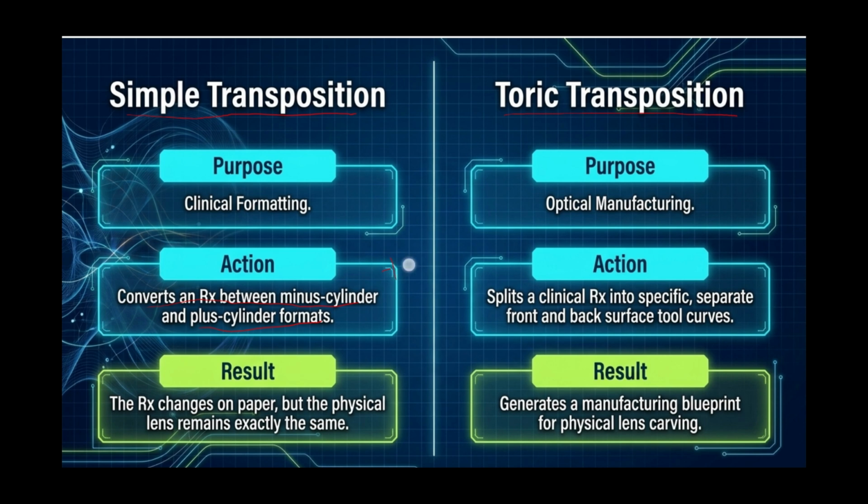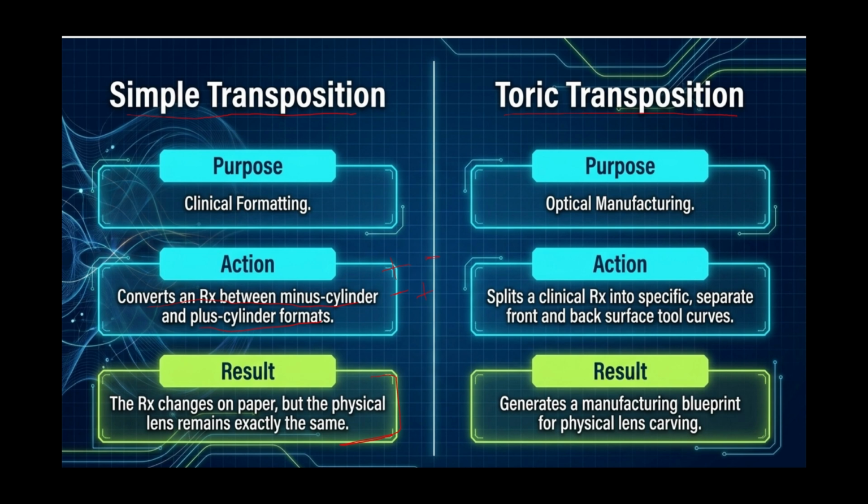If you have a plus cylinder, just converting the prescription into a minus cylinder form, or if you have a minus cylinder, converting the same prescription into a plus cylinder form. There is no physical alteration, because ideally the simple transposition must not create any physical alterations in the lens.